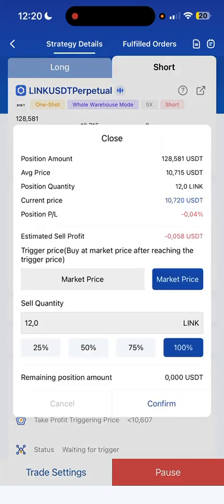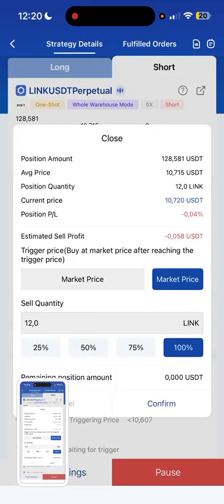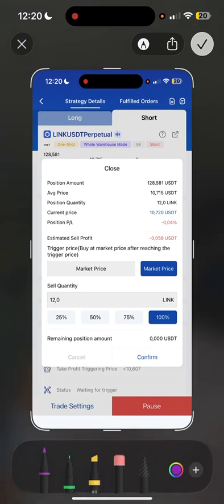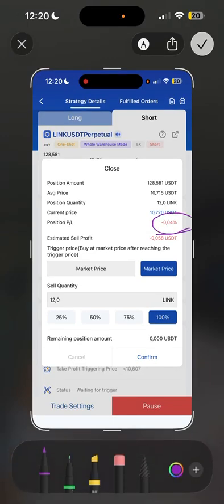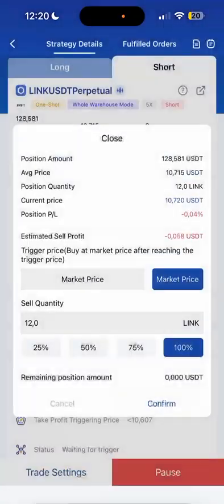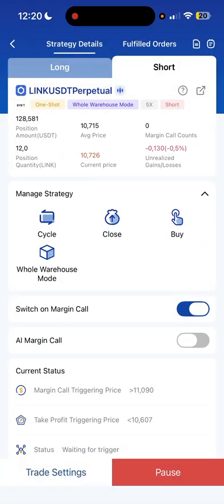Now, if I tap to close, should I sell this at a loss? I'm going to lose 0.04, but the actual money here is more than that. It has increased to negative 0.55. But when you tap on close, that is when you see the actual percentage.